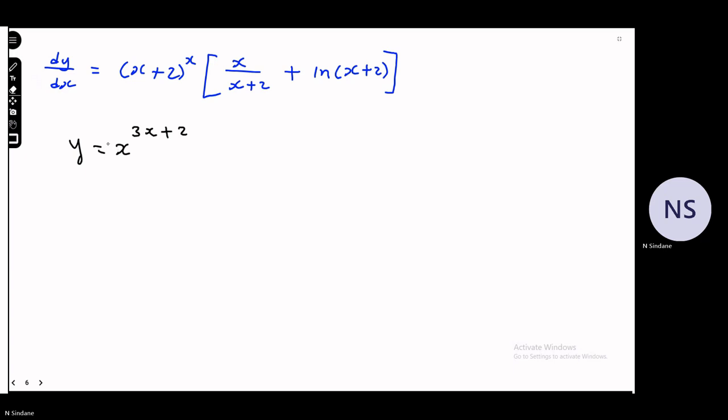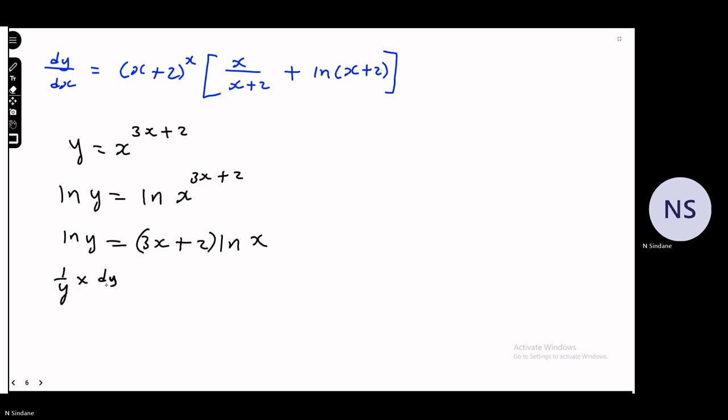Now you know that you'll introduce ln of y is equals to ln of x to the power 3x plus 2. Right? Then third law says I'm allowed to say ln of y is equals to 3x plus 2 ln of x.